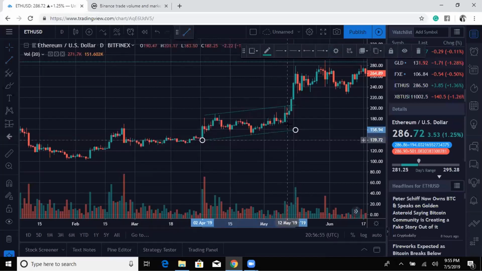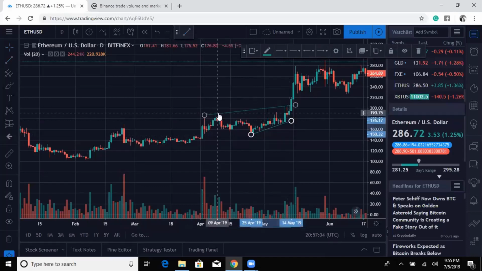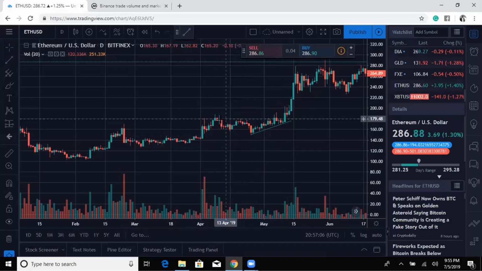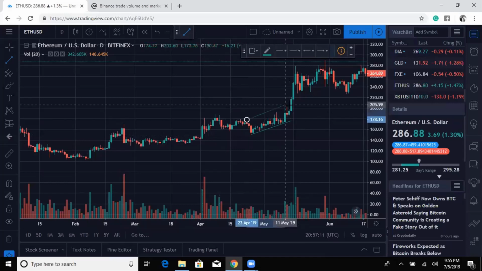So let's say you drew your trend line from right here, or you started from here. From this point, and then you drew it up to this point.